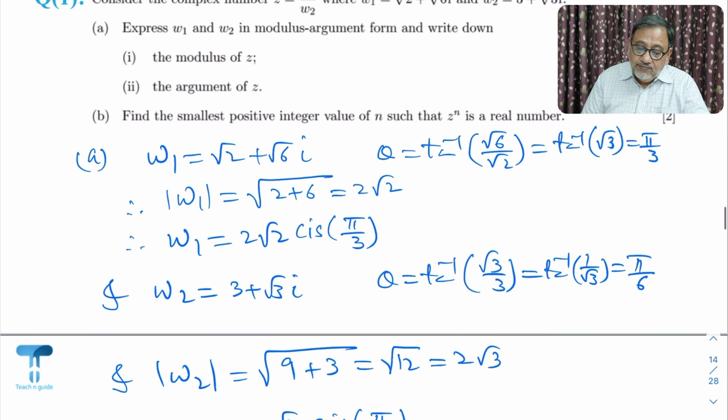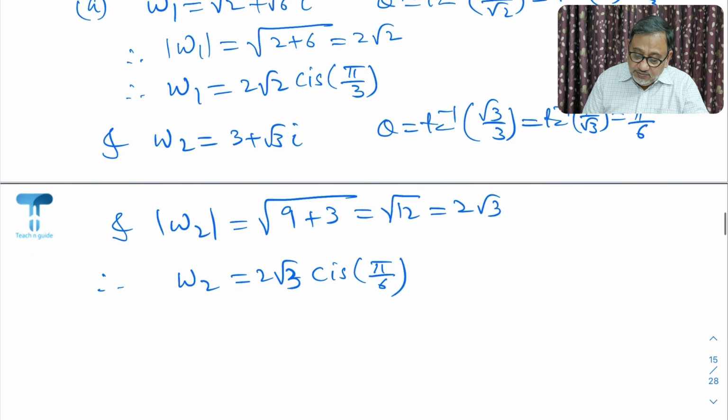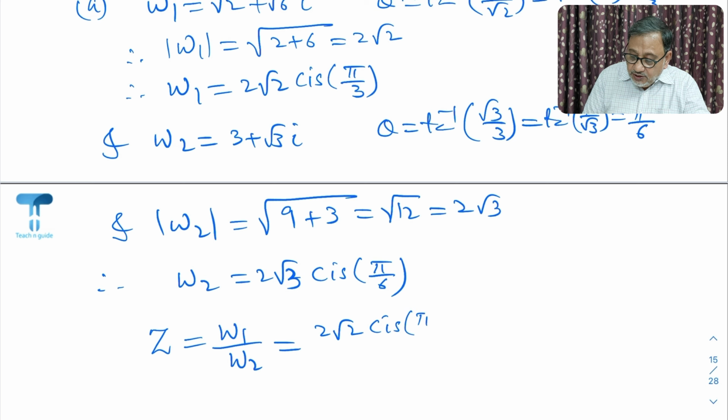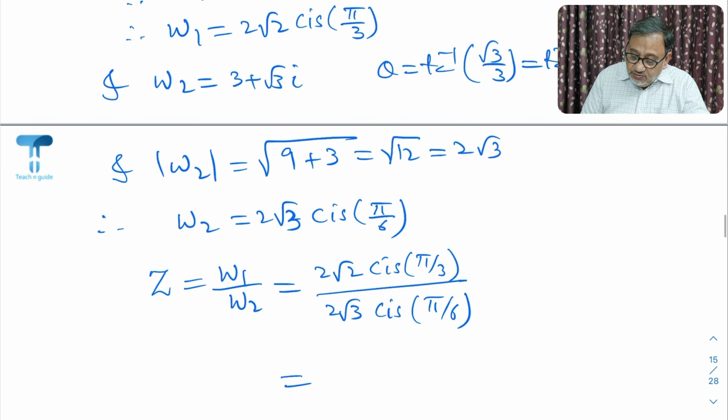Now I will write Z in the form of W1 by W2 using polar form. W1 is 2 root 2 cis pi by 3, and W2 is 2 root 3 cis pi by 6. Now using De Moivre's rule, the moduli will divide each other.